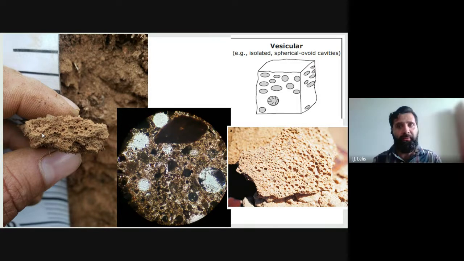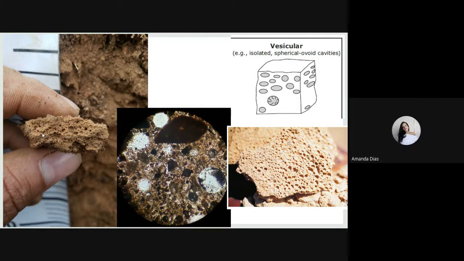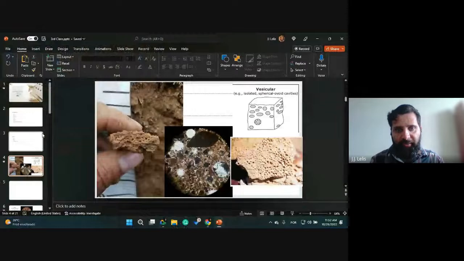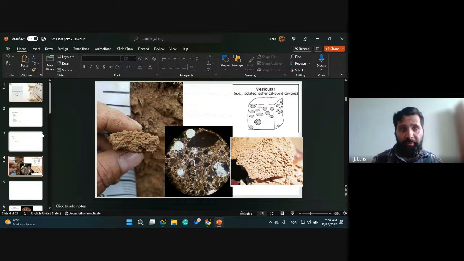Okay. Does everyone understand very well the formation of these voids? Yes, I understand. Okay, okay. We'll finish our class now, and next week we will continue to describe some types, some shapes of voids, and it's very important because each shape helps us a lot to understand some specific process, okay?